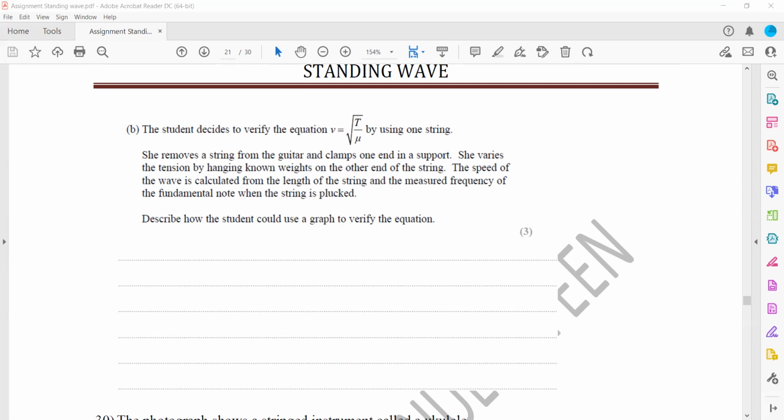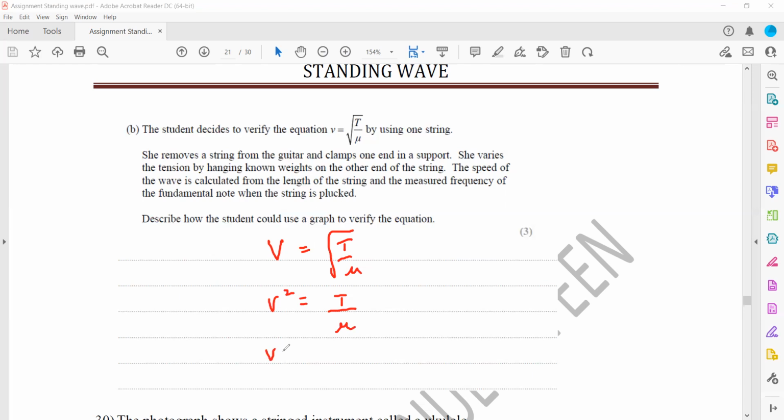The student is varying the tension and calculating a frequency with reference to that. So we have V is equal to the square root of T divided by mu. If I square this equation on both sides, it becomes V squared is equal to T divided by mu.